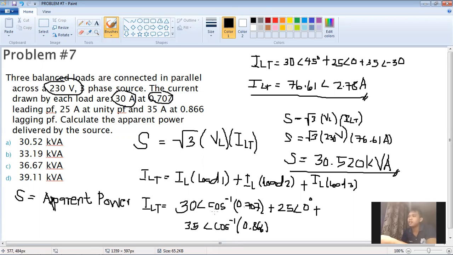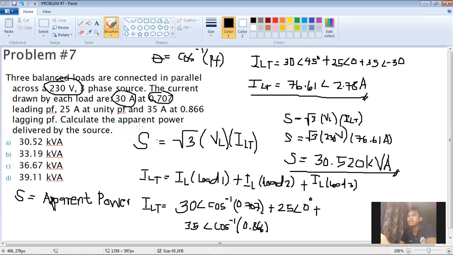So 30 angle of cos^-1 of 0.707. We know that theta is equal to cos^-1 of the power factor. For load 2, it is 25 angle of 0 degrees.